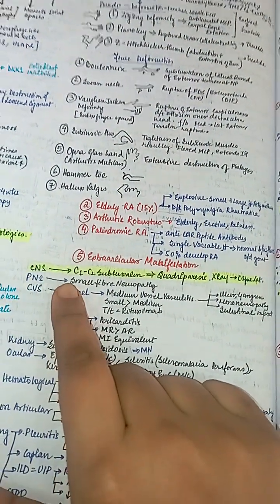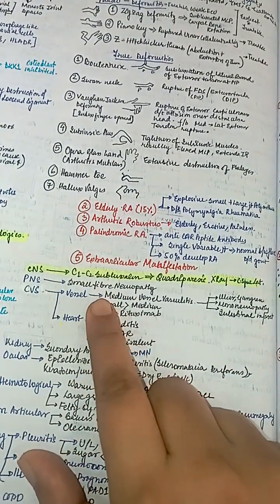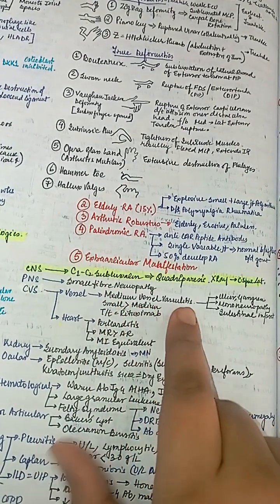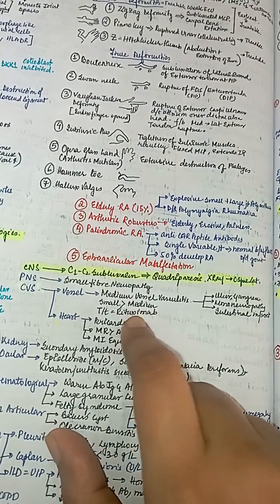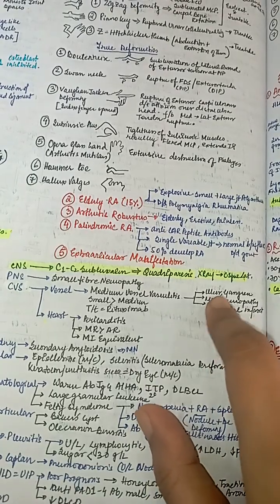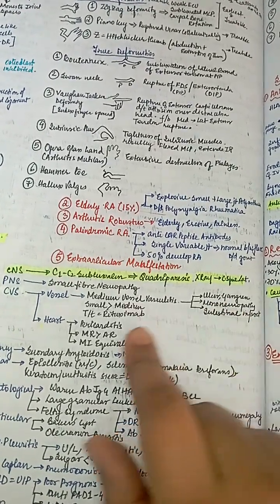In the peripheral nervous system, small fiber neuropathy is seen. In CVS, the vessels cause medium vessel vasculitis, small more than medium, and it is responsive to rituximab. Vasculitis features are ulcer, gangrene, mononeuropathy, and intestinal infarct.